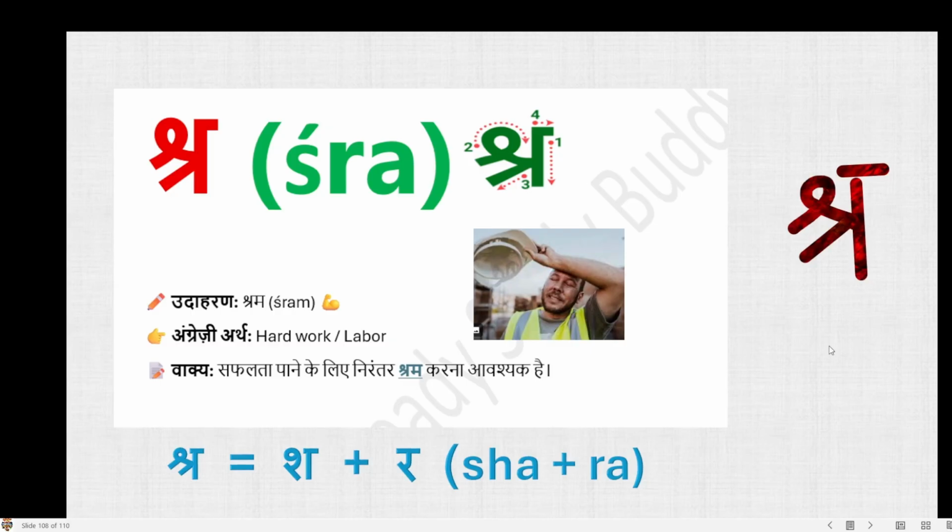This letter might look tricky, but you can still achieve it by practice. So remember, whenever you see the letter shra, pronounce it as shra and think of the word shram, meaning hard work.